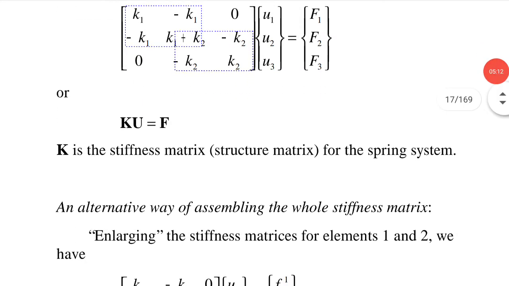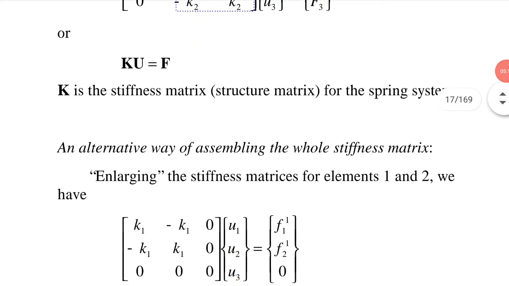So we have this relation, that is k into u is equal to f.